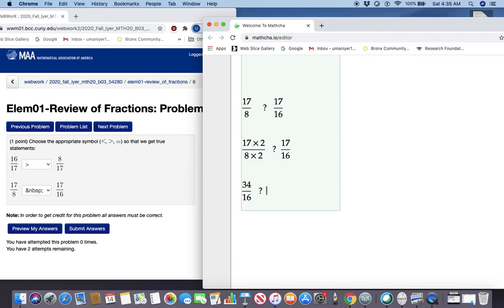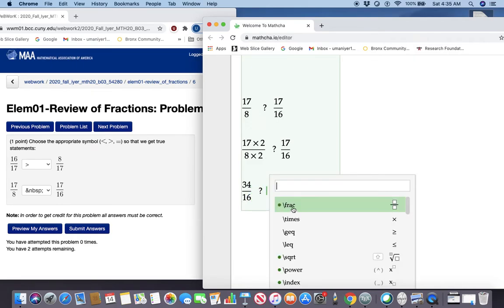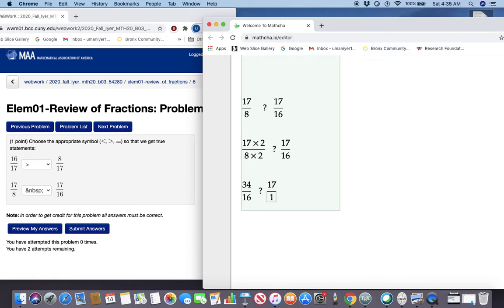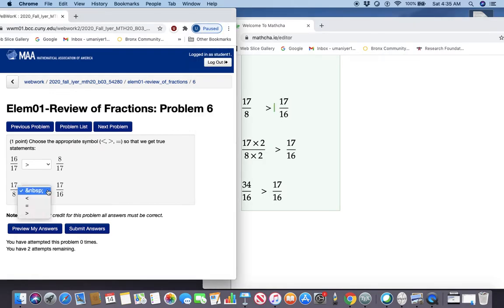How does that compare with 17 over 16? We have the same denominators, so all I need to do is compare the numerators. 34 is greater than 17, so 34 over 16 is greater than 17 over 16. So this is greater.